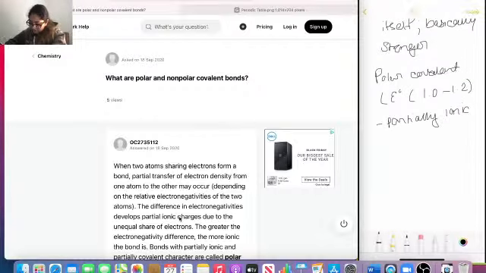So the central atom, in this case, is very strong.